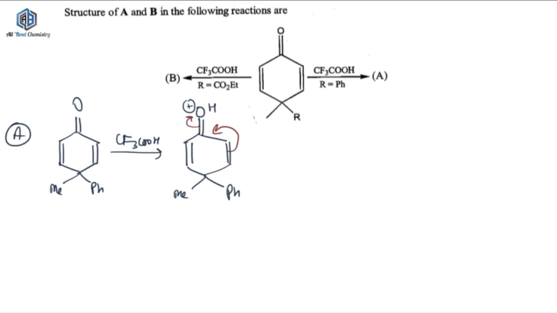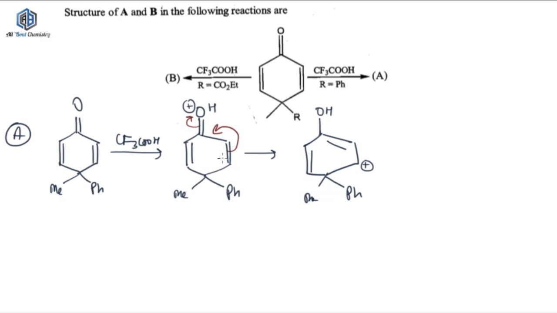So in the next step we will be having methyl, we are having phenyl, we have a double bond here, we have OH at this particular place, and a carbocation. Now here is the deciding factor: which group will migrate.